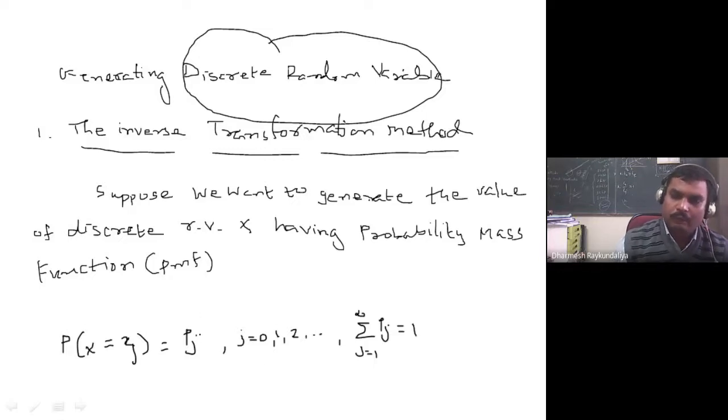So we are given that x is a discrete random variable whose probability mass function is given by the probability of x equal to xj. When x takes value xj, the probability is known as Pj, where j runs from 0, 1 to infinity, and the sum of the probabilities is 1.